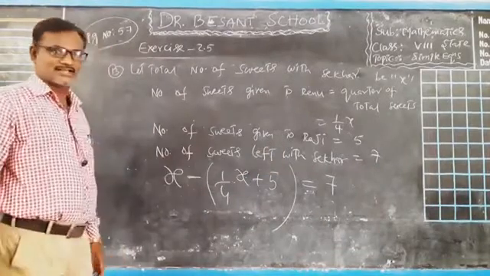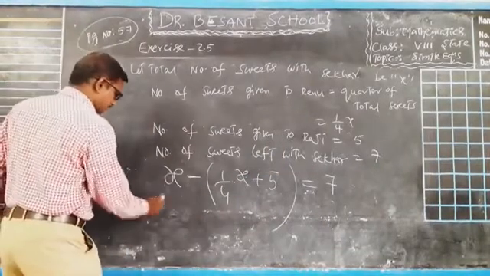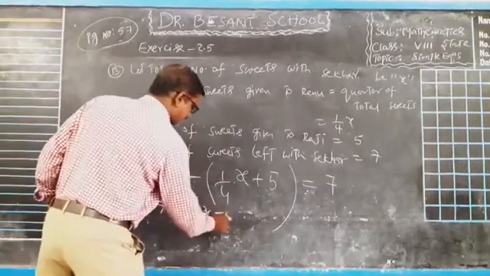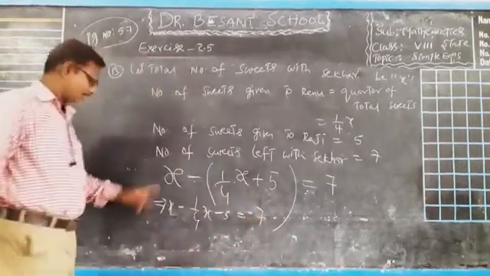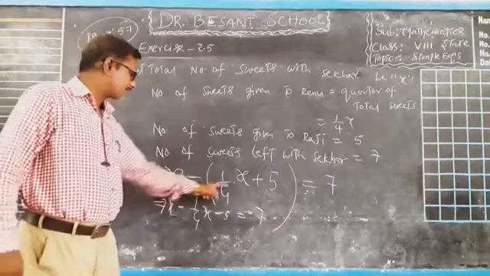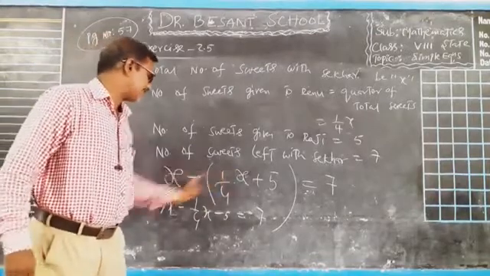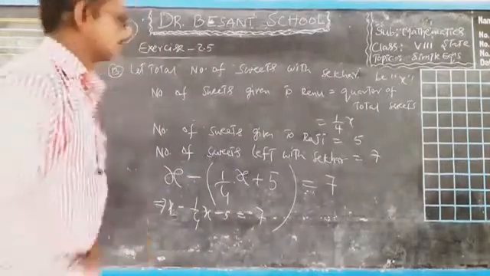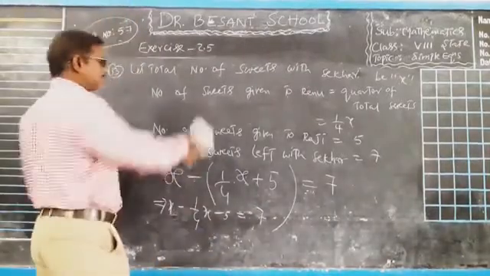So did you understand this, children? Yes. This is X minus 1 by 4X minus 5 is equal to 7. Can I rub this one, children?